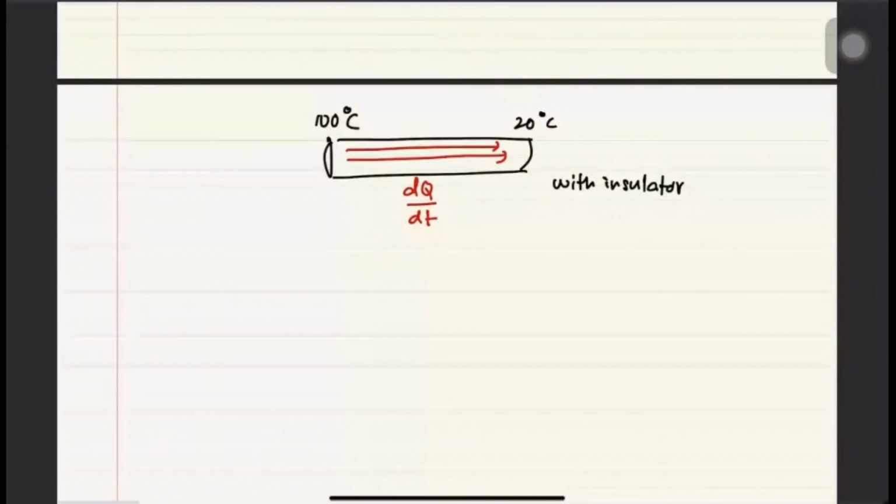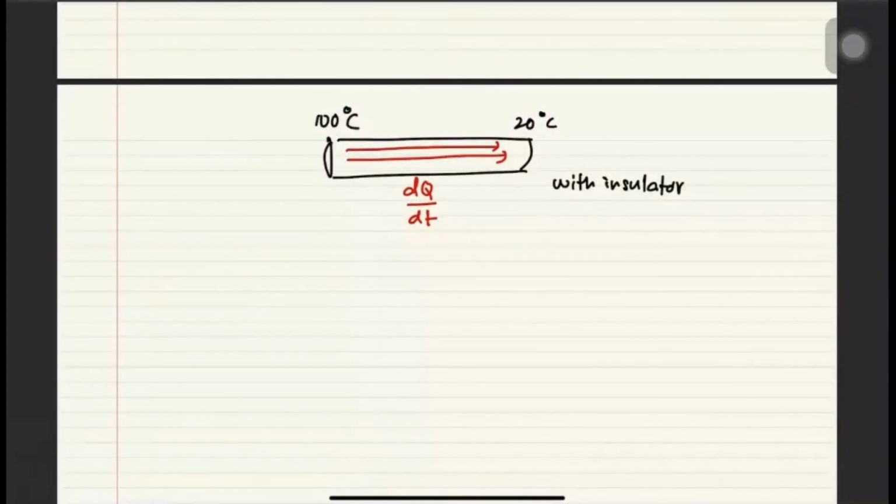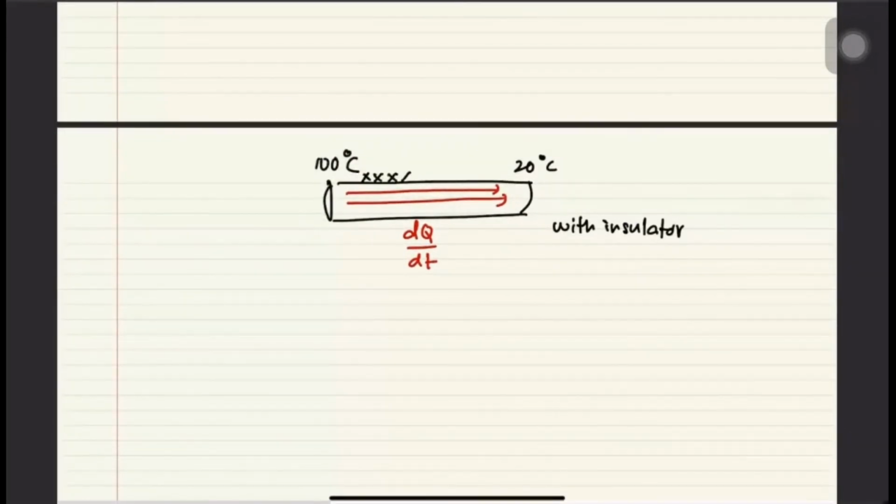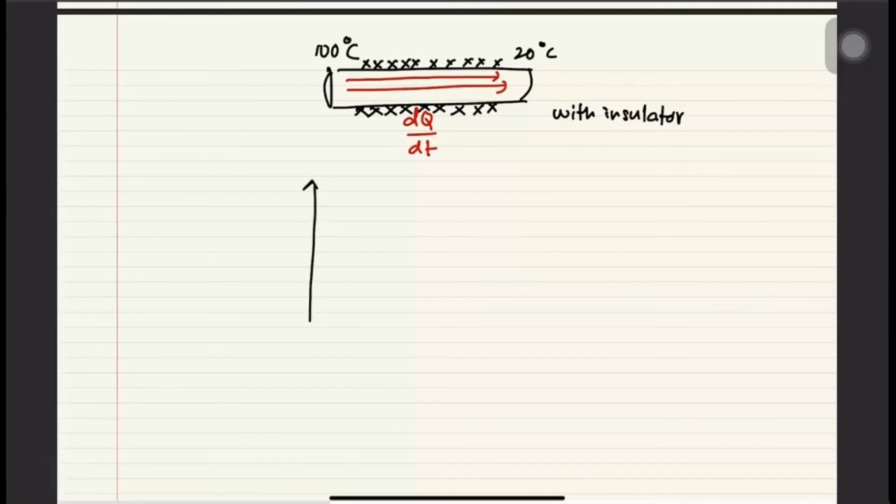Okay. So, a bit of insulator. The X here represents the insulator material, outside the rod. Okay, so the graph will look something like this instead.